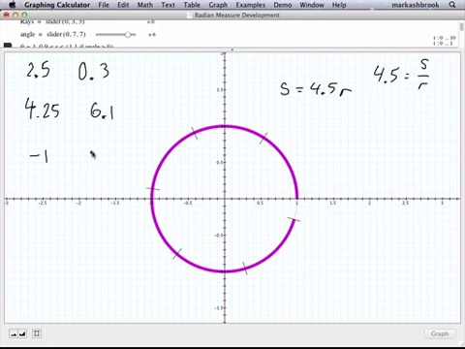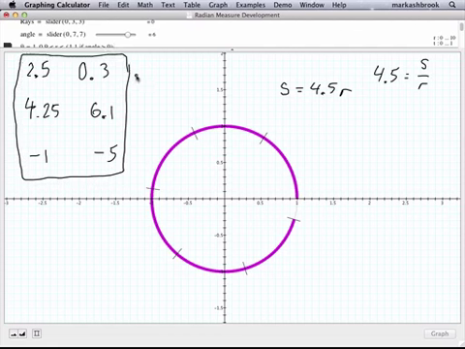-1, -5. Okay, so here's your sheet of paper, and it's got 6 circles on it. Upper left-hand circle only is for the angle 2.5, but you're going to show all 3 representations of the angle 2.5. Upper right circle is solely about the angle 0.3, but show all 3 representations: an arc length, a point, 2 rays. So this estimation, you're just doing your best.